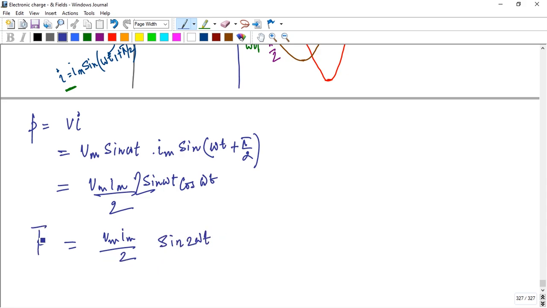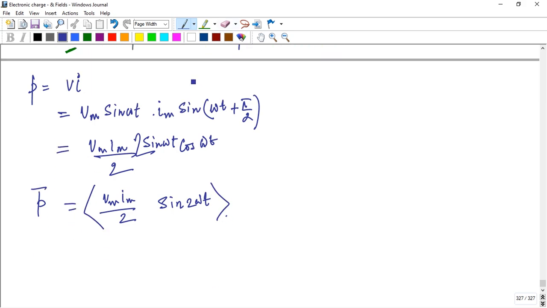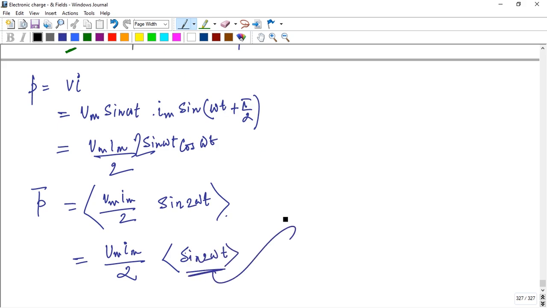So the average power. Vm Im by 2 sin twice omega t, as a function of t.